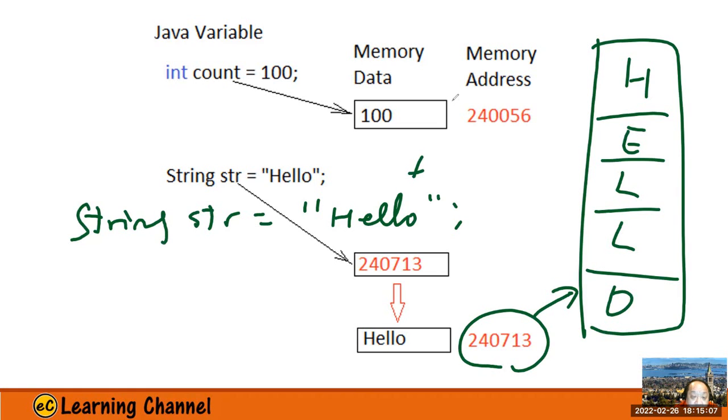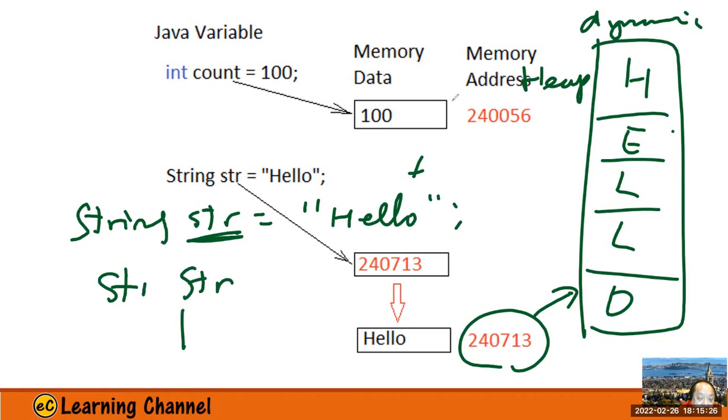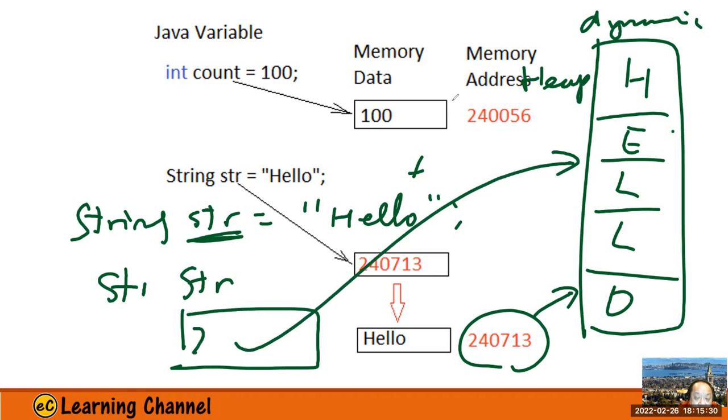We don't know, but it is a string. So we allocate into some dynamic memory, which we call the heap. Your local variable str does not hold the value of the string object. Instead, your str is holding the address pointing to there. So you put 240713 into that.